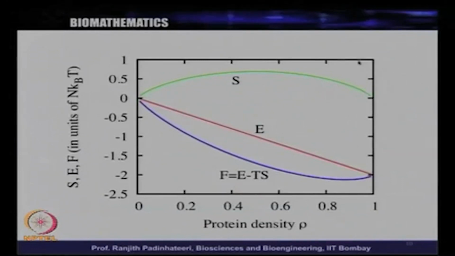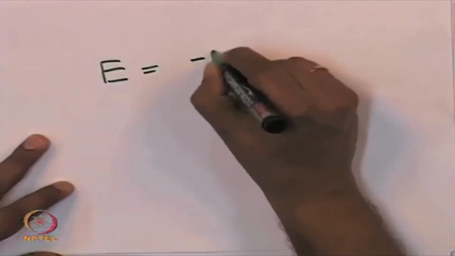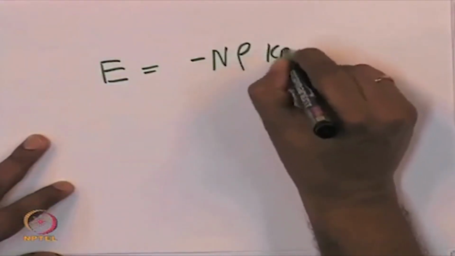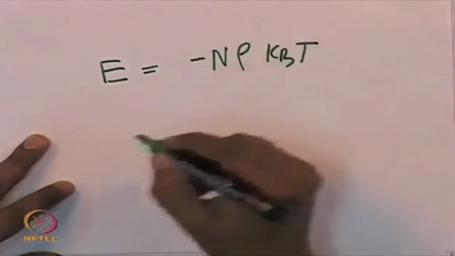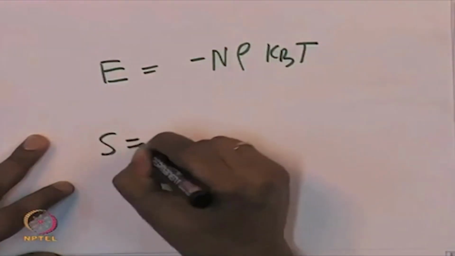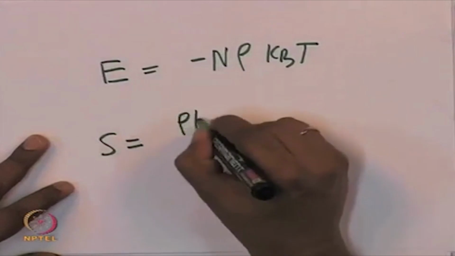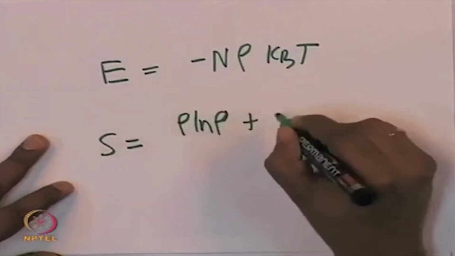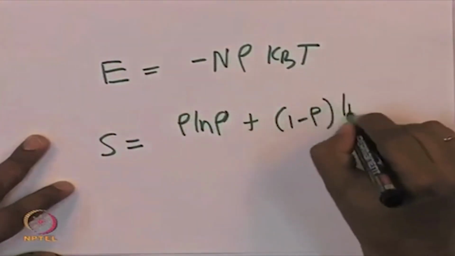Here this is entropy, which is rho log rho plus 1 minus rho log 1 minus rho.